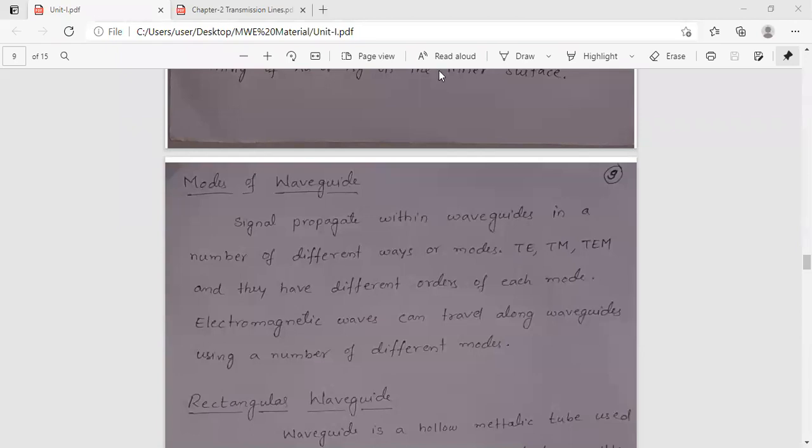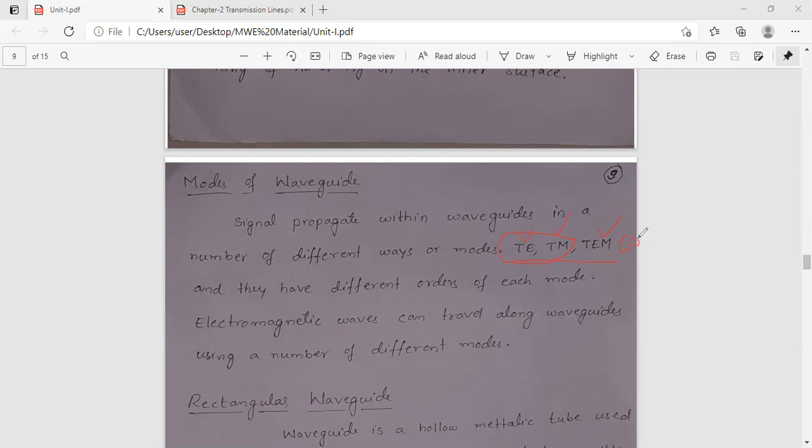Now, I told that there are three modes which are generally possible. TE and TM are available in the case of waveguides, and TEM only in the case of free space or in the coaxial cable.